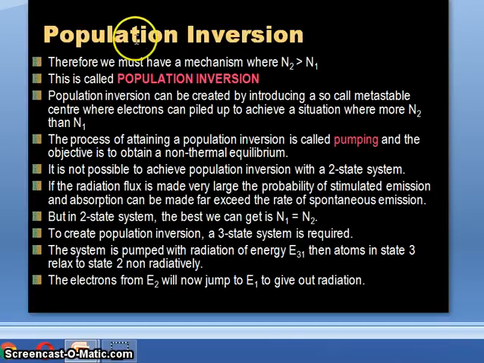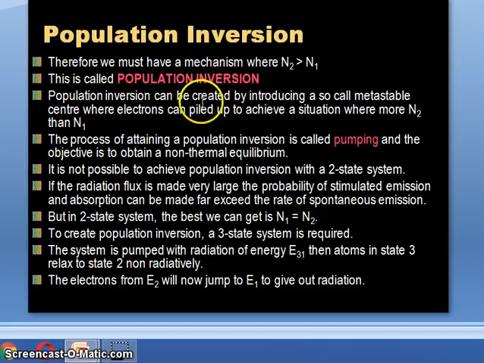Population inversion. Therefore, we must have a mechanism where N2 is greater than N1. This means the population of the excited state must be greater than that of the lower energy state. This process is called population inversion.